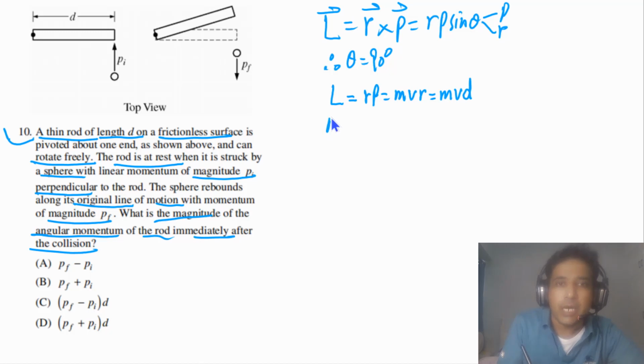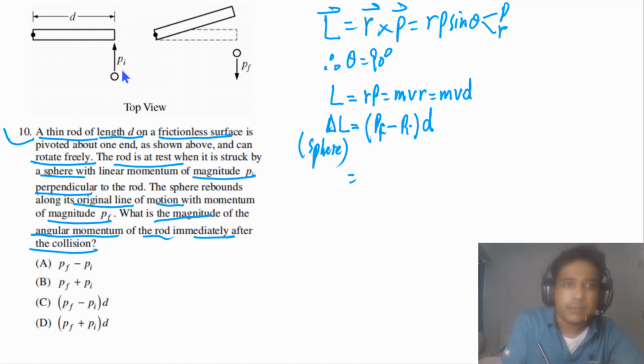So we can also calculate change in angular momentum by simply writing that final linear momentum minus initial linear momentum times d for sphere. So we are talking about sphere here.